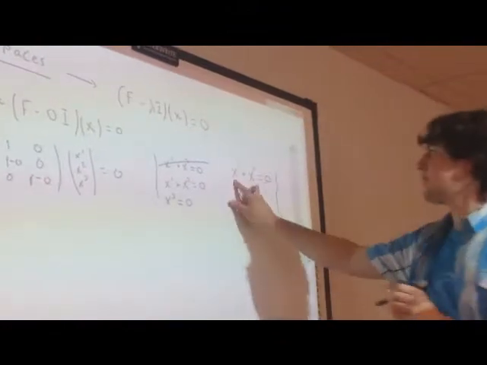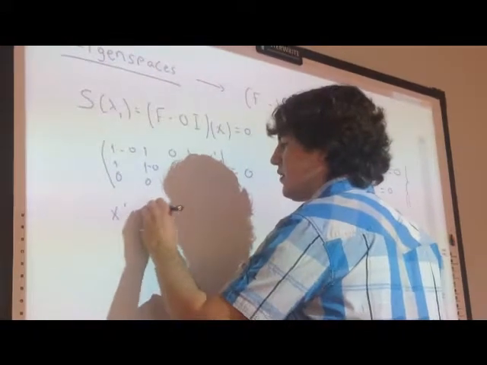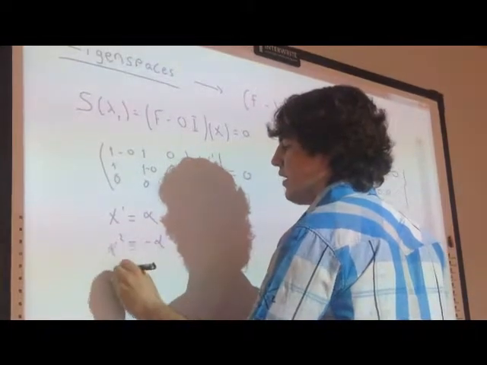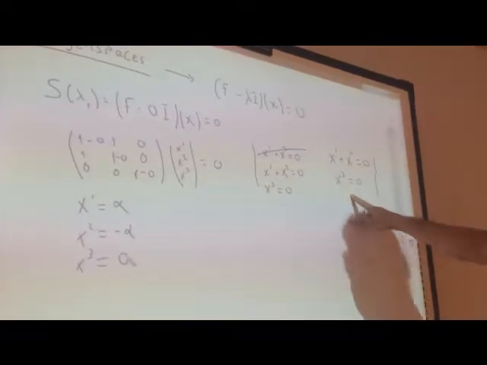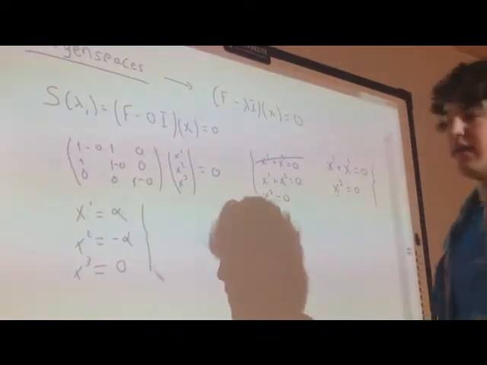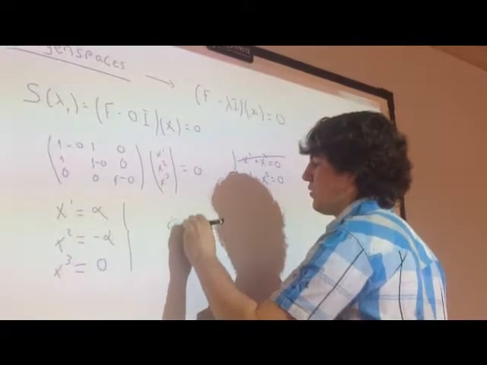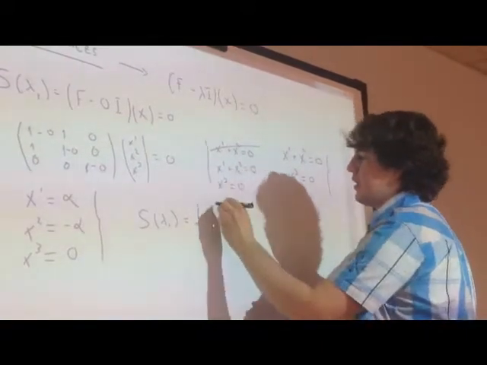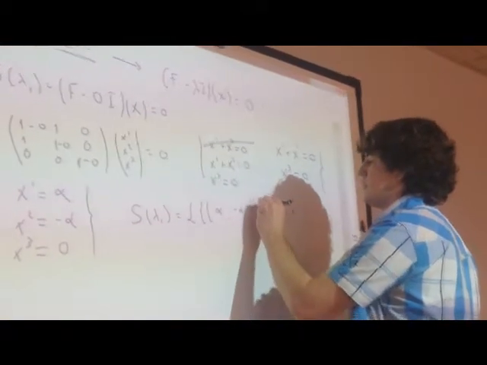So x1 we can call alpha, for example. x1 equals alpha, x2 will be minus alpha, and x3, as we saw, is 0. No big deal. All this we can put into the eigenspace, S of lambda 1, equals the combination of alpha, minus alpha, and 0.